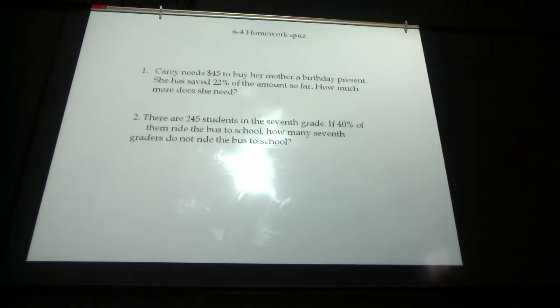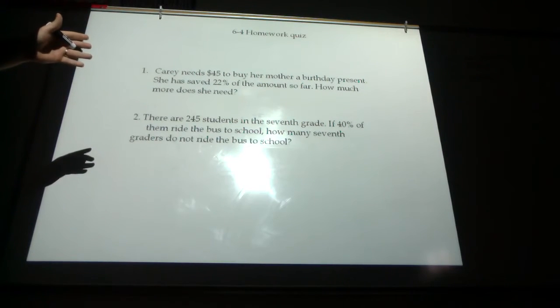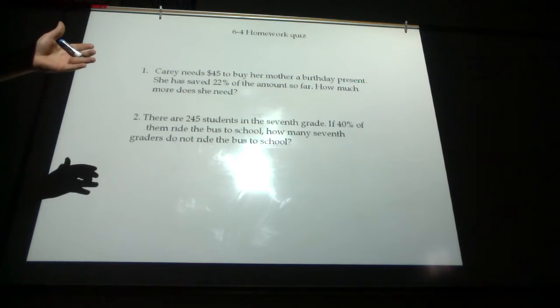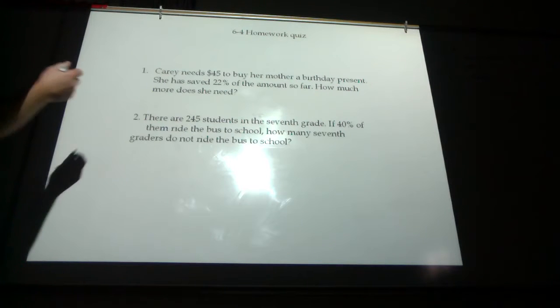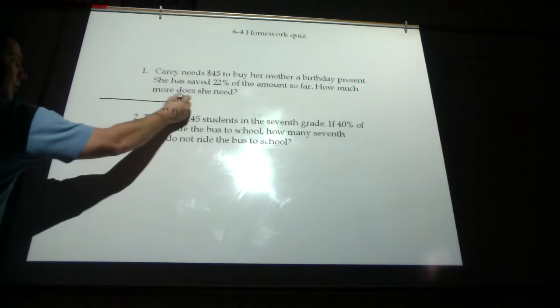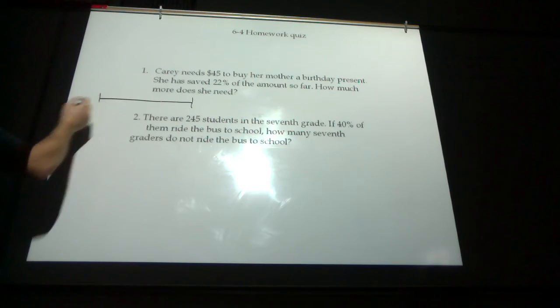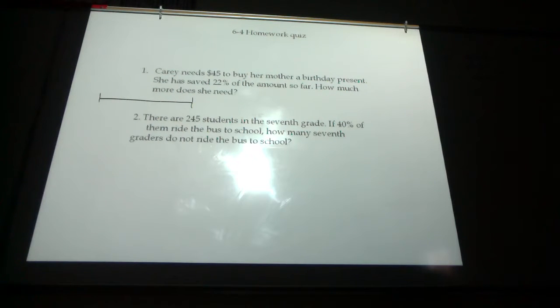First thing we need to make sure is we understand what percent of a number is. To solve this one, we have to figure out what is 22% of 45. That's one way to do it. We can create a number line, and the number line will help us estimate about where our answer is and about how much we need.